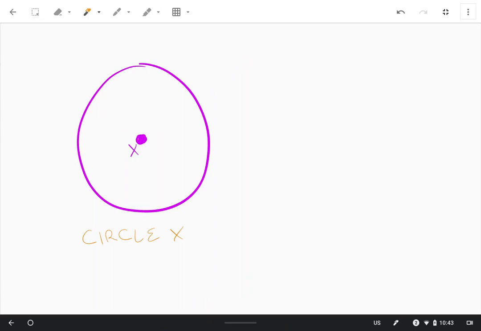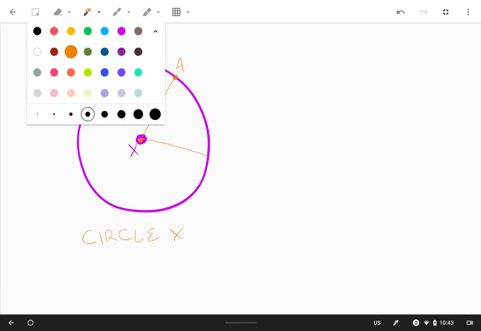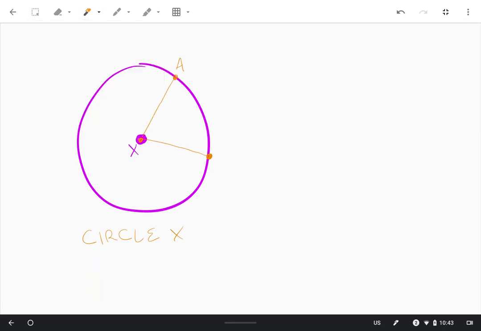Any angle that is in the circle, like this, for instance, that contains the center as one of its points. I'm going to go ahead and mark a couple of points here. We'll call this point A, and call this point B over here. Any angle that's made up of these kinds of points, two points on the outside of the circle and the center of the circle, is called a central angle.